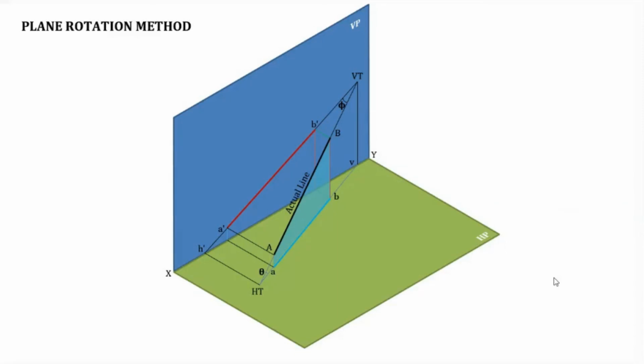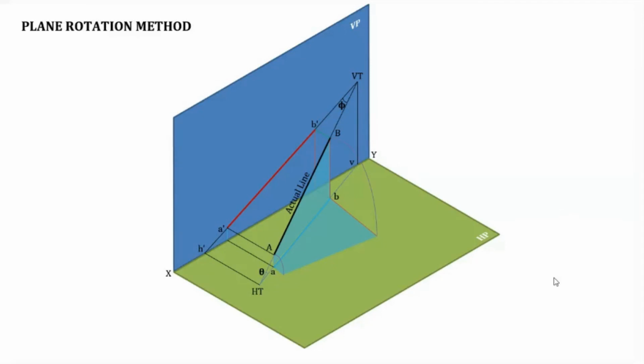Now what we do is we rotate this particular trapezium in such a way that it lies completely on our HP. Like this direction, we rotate it such that it completely lies in our HP.